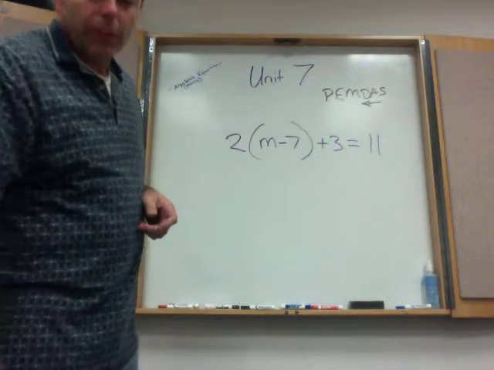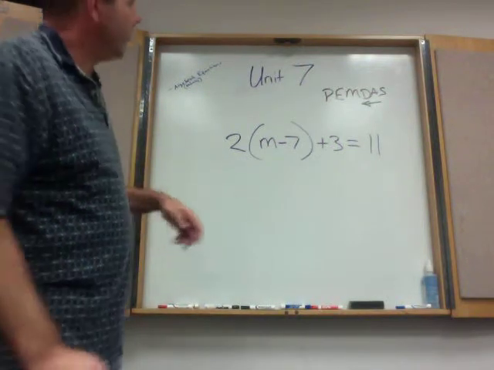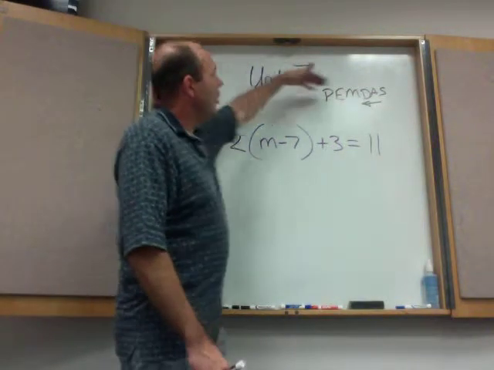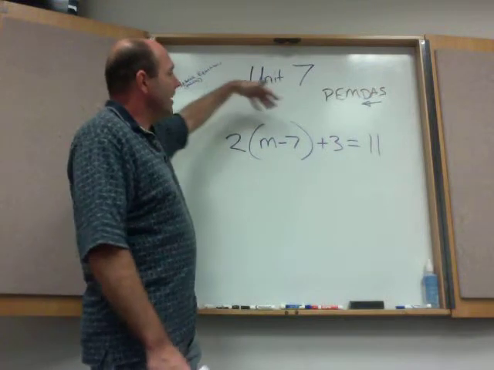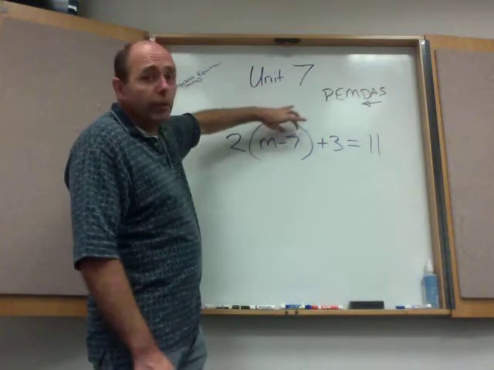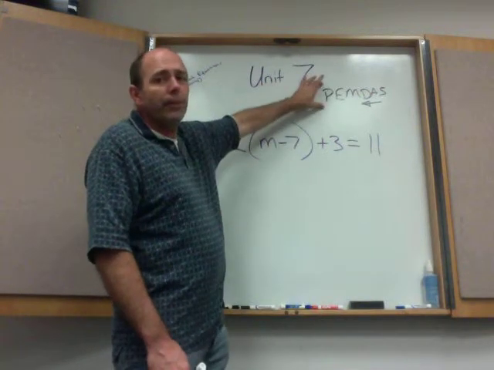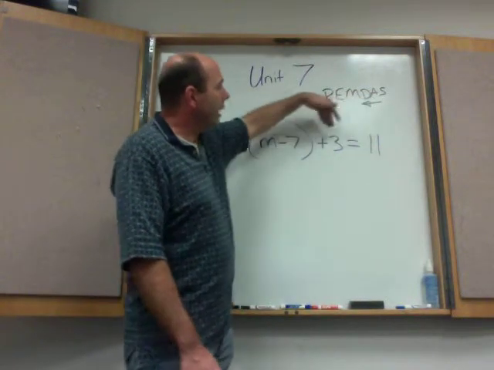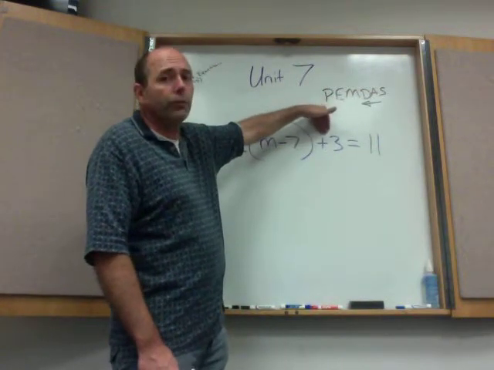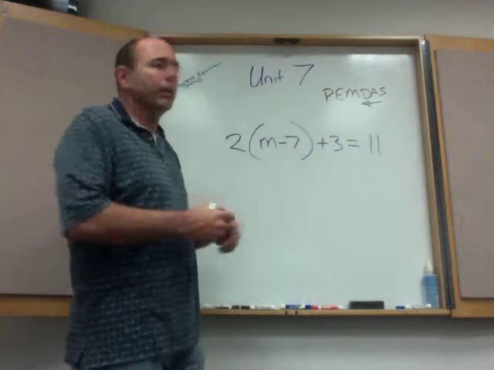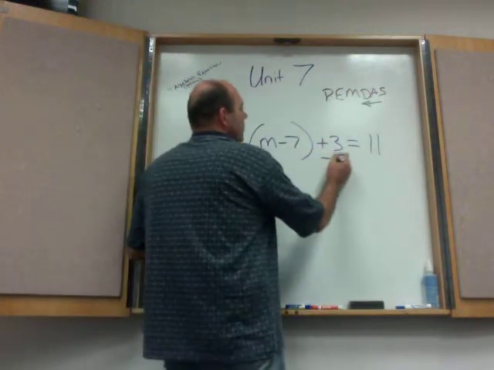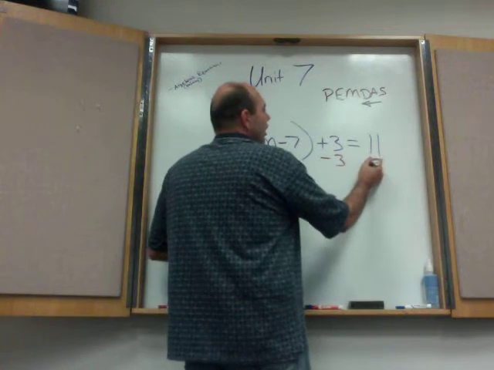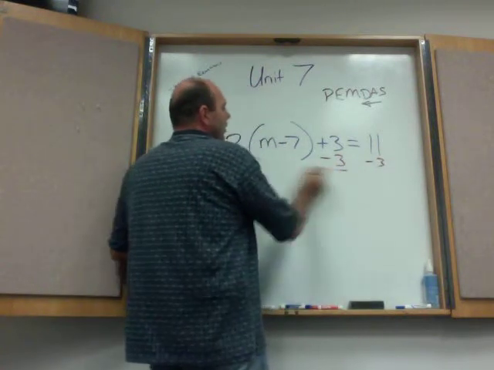Again, I'm going to SADMEP, so I'm going to look at this and say, is there any addition and subtraction? Yes, there is. Remember, there's subtraction here also, but that's inside of parentheses, so I'm actually going to save this for last. The addition and subtraction that's outside of parentheses is the plus 3. Opposite of plus 3, minus 3. Minus 3 on both sides of the equal sign.